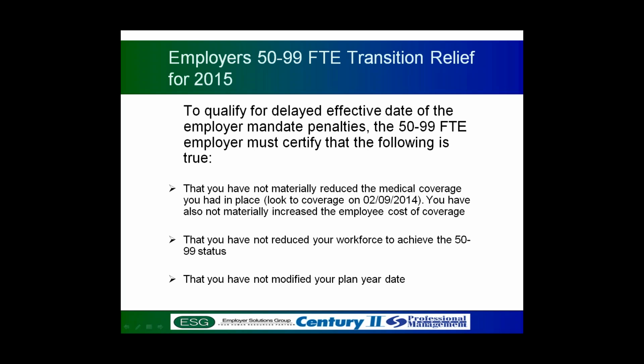These are things like you can't have materially reduced your medical coverage, you can't have reduced your workforce in order to squeeze into that 50 to 99 FTE status, and you can't have modified your plan date. Provided that you qualify for those things, most employers between the 50 and 99 will have no employer mandate penalty applied to them for the year of 2015.